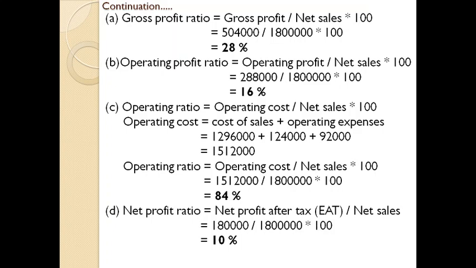Whenever you are dealing with profitability ratios, you may sometimes need to prepare an income statement in order to extract details like gross profit, operating profit, and so on. So just go through the various cases, and if you have any doubts or need any clarification, just contact me. That's all for today. Thank you.